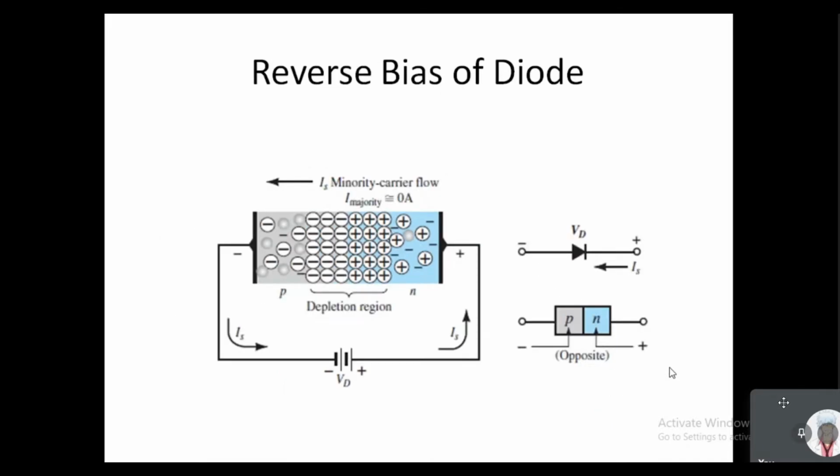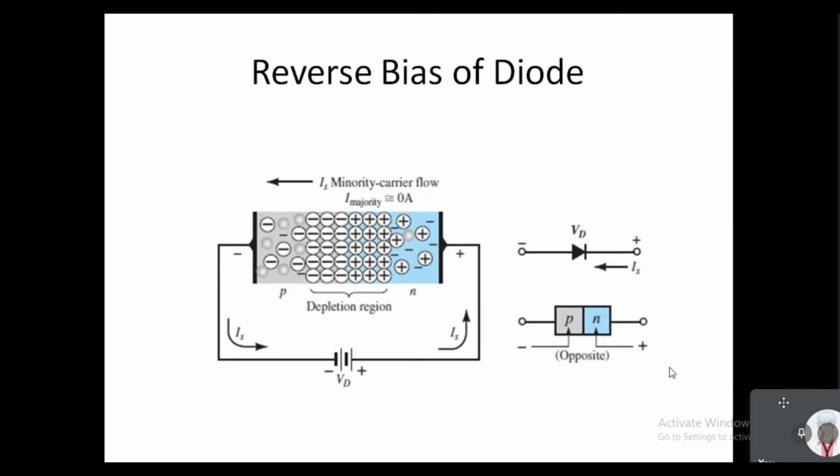Now if you look at the reverse bias condition, the other case, the P side of the diode is connected to the negative terminal of the power supply, and the N side is connected to the positive terminal of the power supply. In this case, as you can see, the depletion width has increased further as compared to the no bias condition.